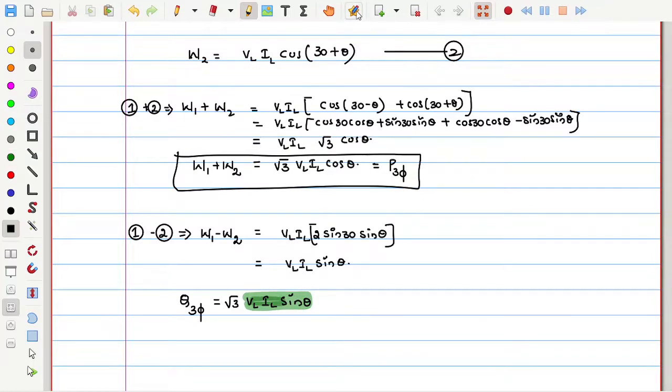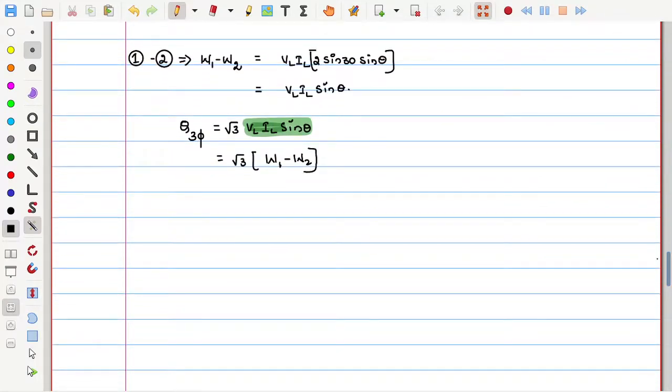So if I multiply root 3 by the subtracted values, that is W1 minus W2, why? Because VL IL sin theta is W1 minus W2. So root 3 times W1 minus W2 gives the three phase reactive power, which is a very important conclusion.